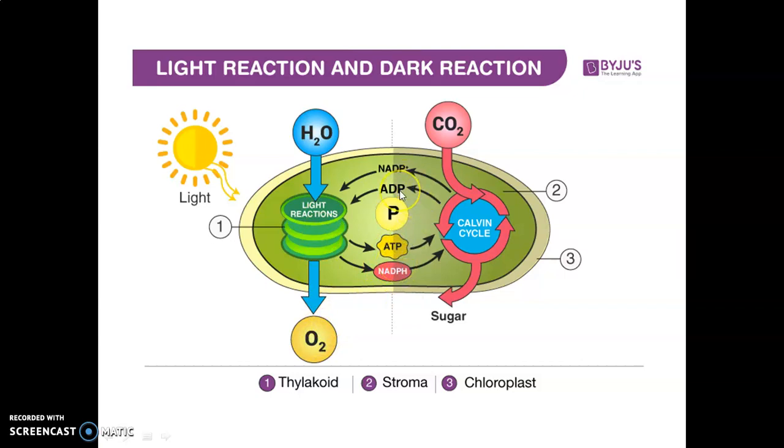The pigments are organized into two discrete photochemical light harvesting complexes, LHC in short, within photosystem 1 and photosystem 2. Children, photosystem 1 and 2 are named in the sequence of their discovery and not in the sequence in which they function during the light reaction, because as we explain you will understand that photosystem 2 works first.